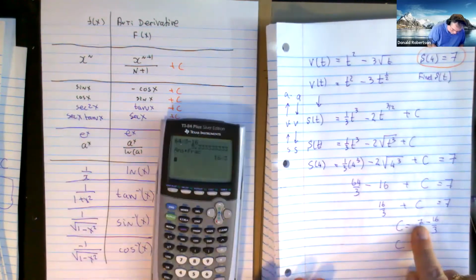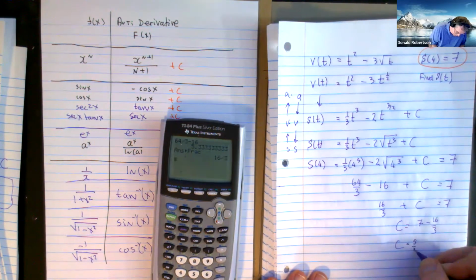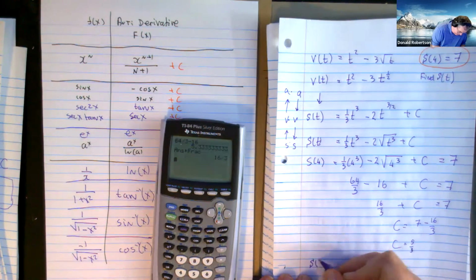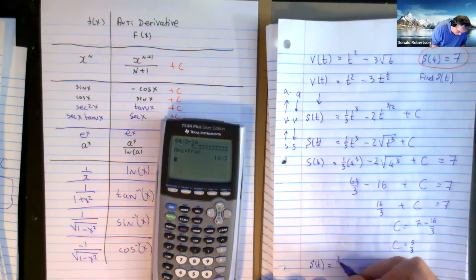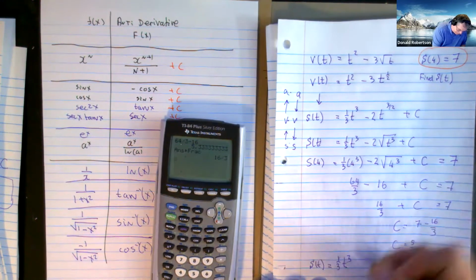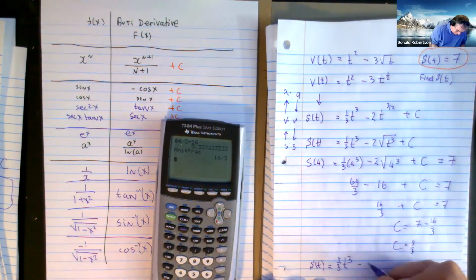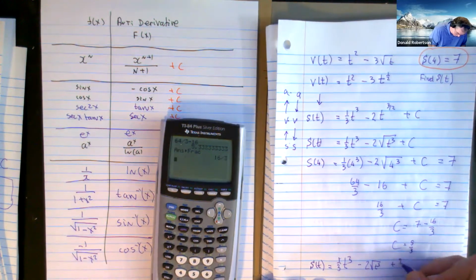And that's 21, take away 16, the answer is 5/3. So we now have the position function. It's 1/3 t cubed, take away, I'll use this version, take away 2 times the square root of the cube, plus 5/3.